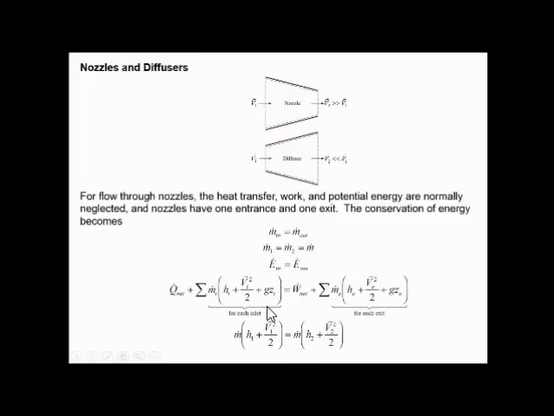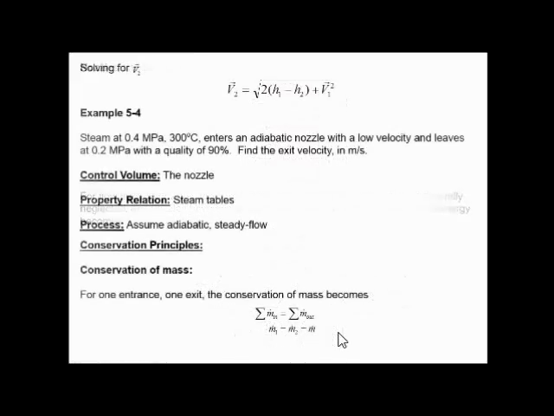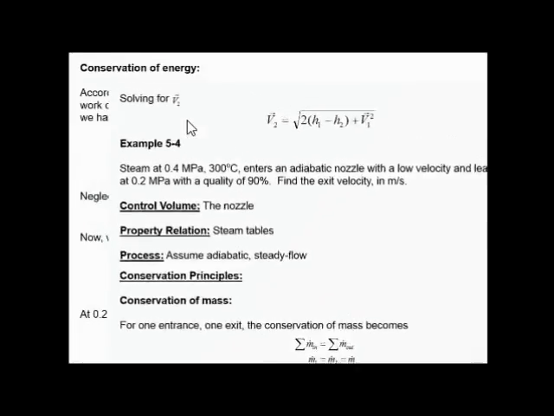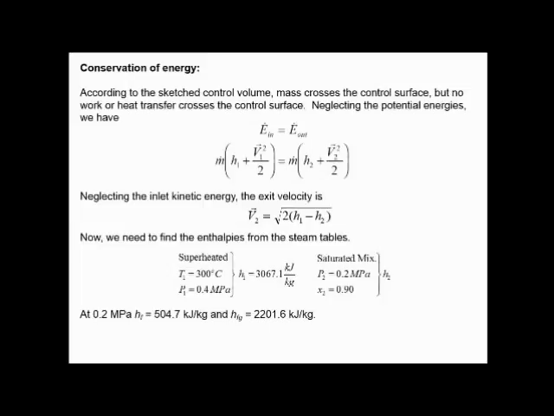If we write the whole equation in this form, Q plus work done equals W net, we get this formula: m into H1 plus V1 square by 2 equals m into H2 plus V2 square by 2. So for solving, the velocity V2 will be equal to the square root of 2 into H1 minus H2 plus V1 square. Now there is an example for your clear knowledge.